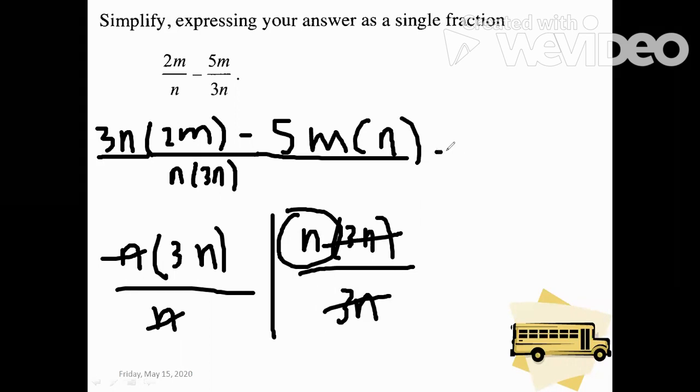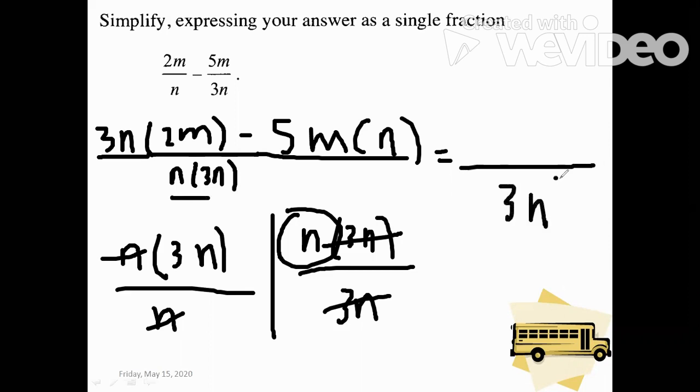All right, so let's simplify this thing here. Well, this is going to be 3n squared. Or you know what, let me just leave it like that, because let me write back n and 3n.